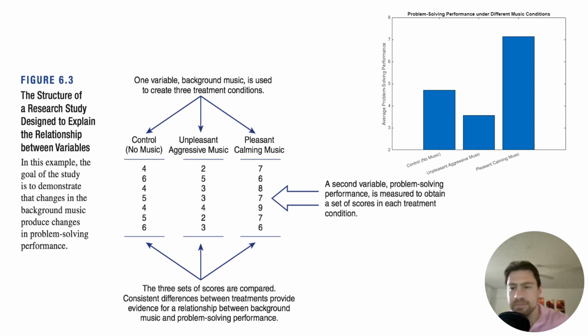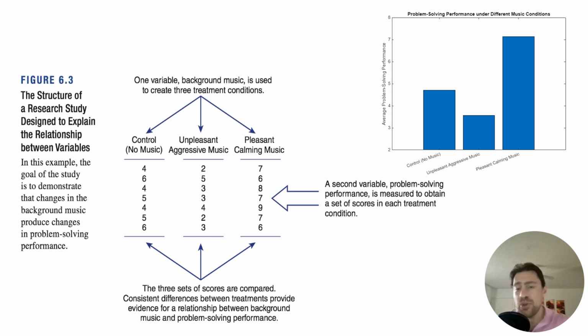Okay, great. Now let's consider some hypothetical confounds that could arise if this study were poorly designed. Let's say, for example, that these three conditions were carried out for some reason in different rooms.